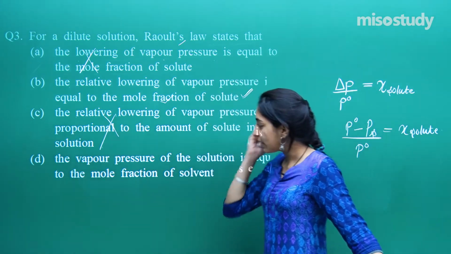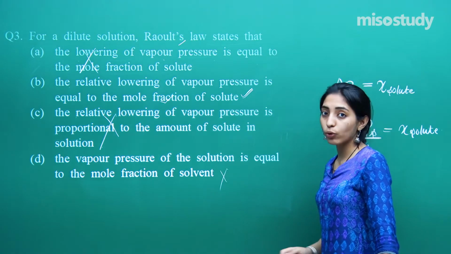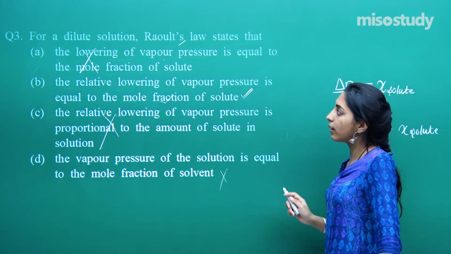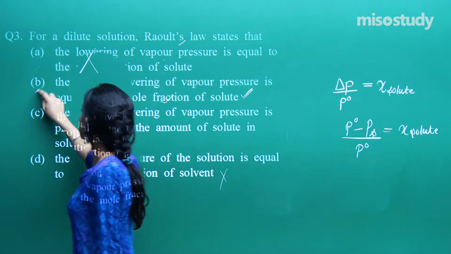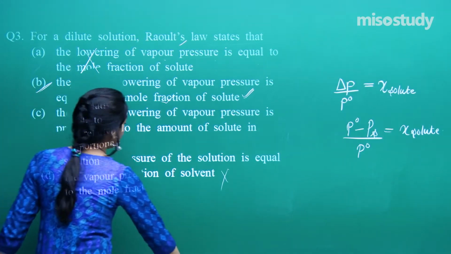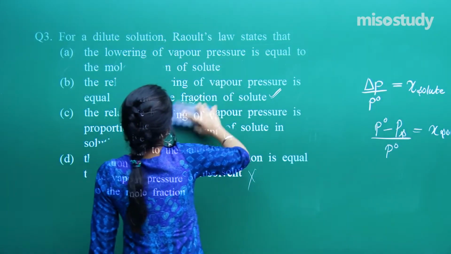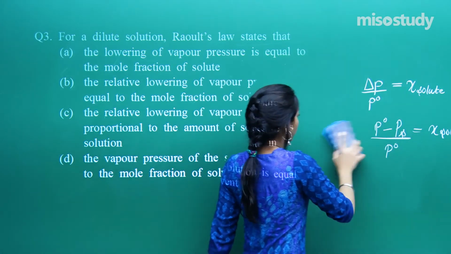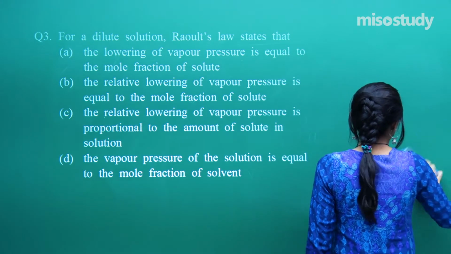And the D part is the vapor pressure of the solution is equal to mole fraction of the solvent, totally a wrong option in terms of Raoult's law. So for Raoult's law, the obvious statement is option number 2. Once again, an easy and interesting question. So this was our question number 3. Now we need to move on to question number 4.